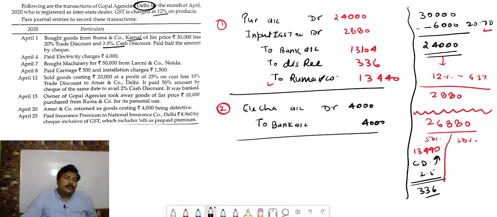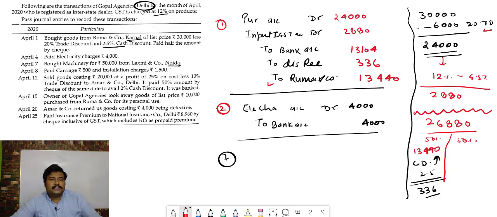Okay. Now we proceed to the seventh one. Bought machinery 50,000 from Lakshmi and Company, Noida. Noida is where? Noida is in UP. Delhi, UP, IGST. So what thing is coming into our business? Machine. So, machine account debit. How much? 50,000.